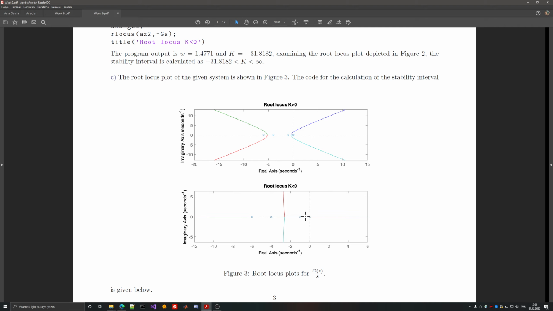So having a pole at the origin is not that desirable, because on the negative side it will directly tend to the right half plane.